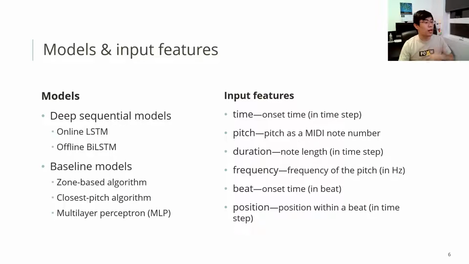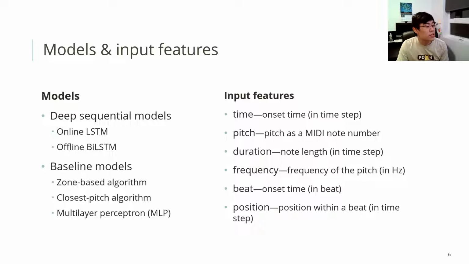The models we propose are deep sequential models, including online LSTM and offline bi-LSTM. The online LSTM means that the LSTM doesn't have access to future information. On the other hand, offline bi-LSTM can have the future information, and that will be useful in the composing case where you get to know all the past and future information.